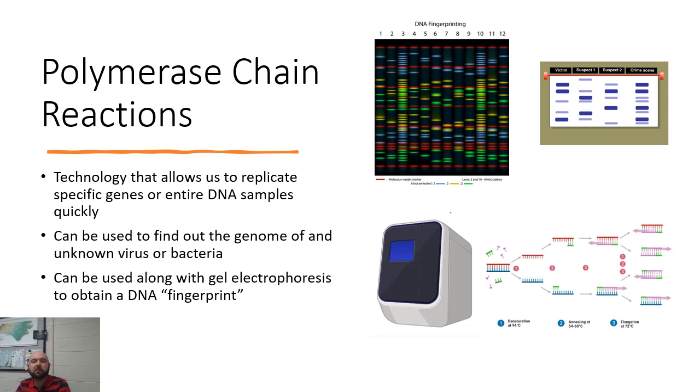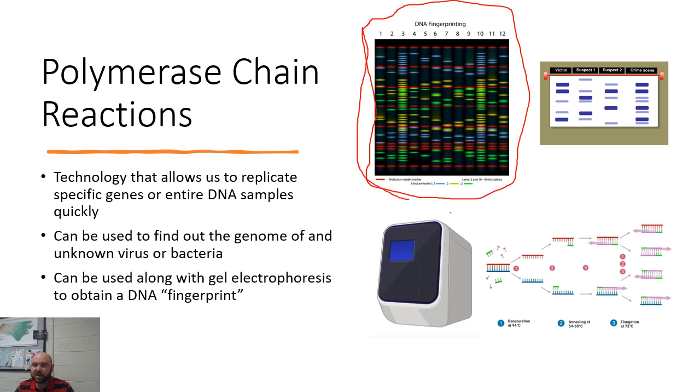And after we make many copies of it, we run it through what we call gel electrophoresis. And so gel electrophoresis is this diagram looking right here. Everybody's DNA will come out looking just a little bit different in gel electrophoresis, and so we can treat it like a fingerprint.